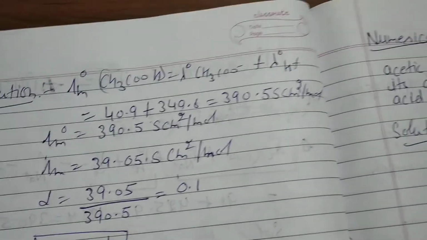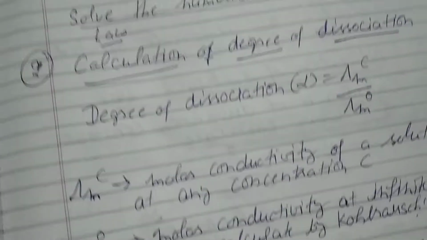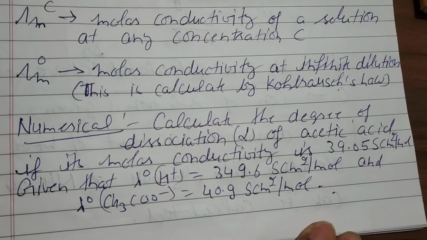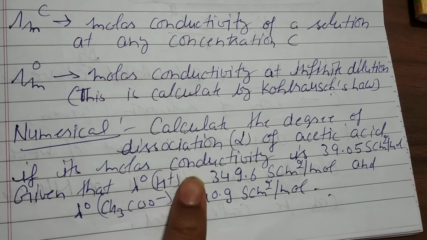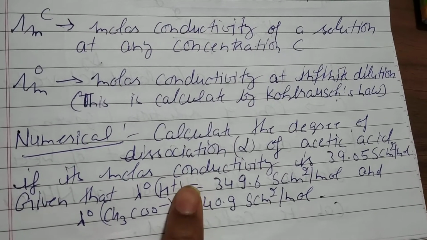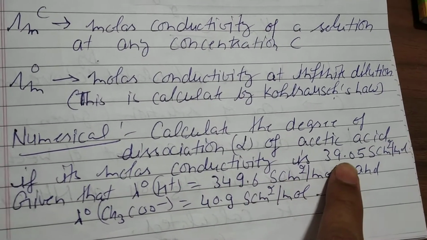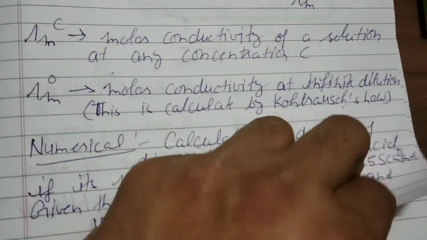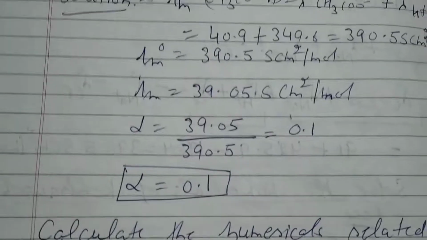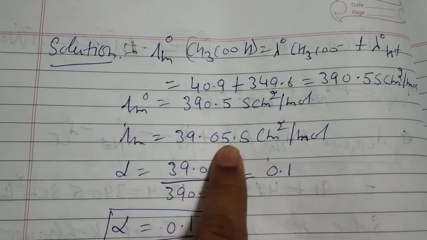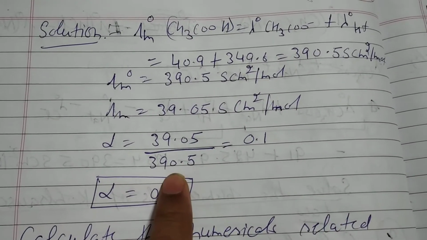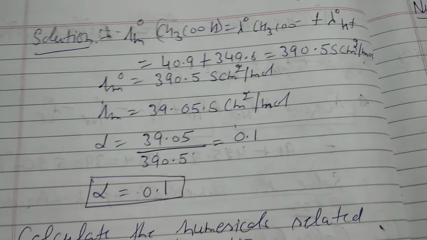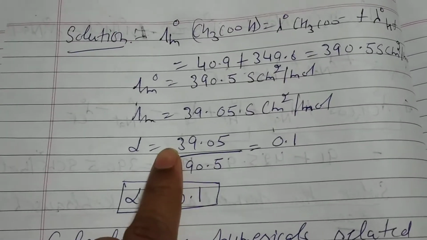And the molar conductivity at any concentration is given: calculate the degree of dissociation of acetic acid if its molar conductivity is 39.05. So its molar conductivity at any concentration is 39.05. So 39.05 will come on the upper side and 390.5 on the downside.